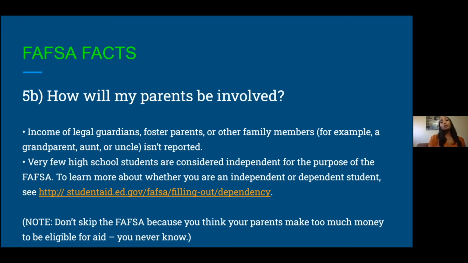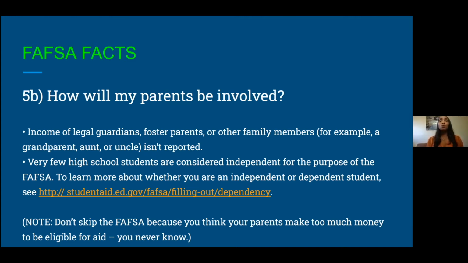Another thing that I wanted to bring up, there may be some students that fall in the independent category. So what does that mean? Independent means that you do not have a parent or a guardian taking care of you. If that is the case, you would be reporting your information on the FAFSA. And I wanted to just talk about this and also provide the link for you to find out more information about that.